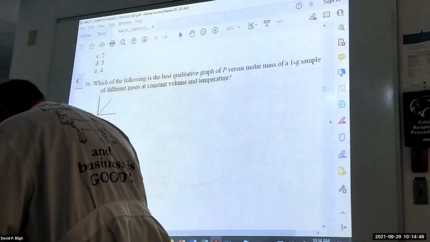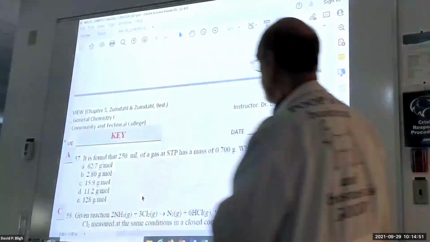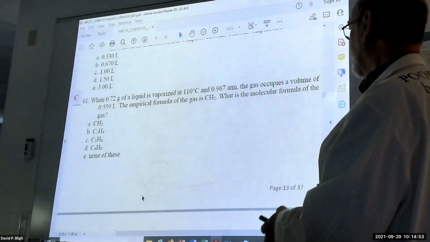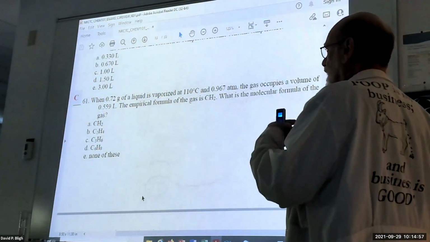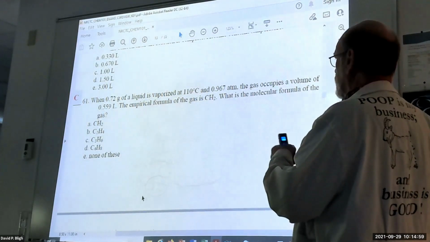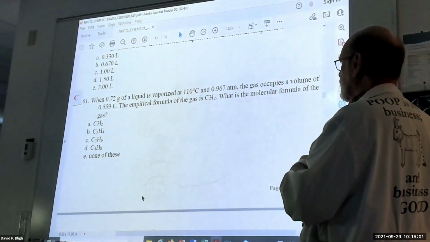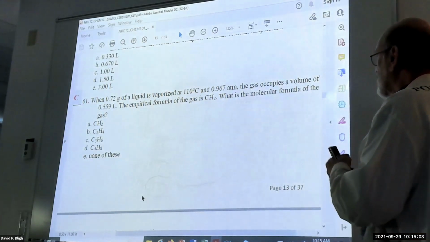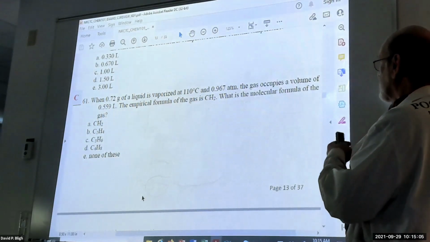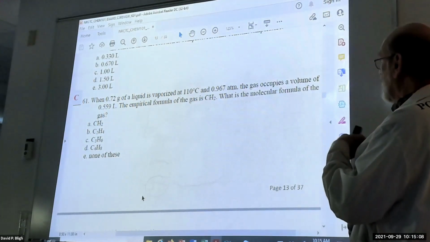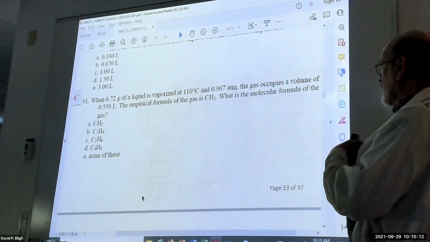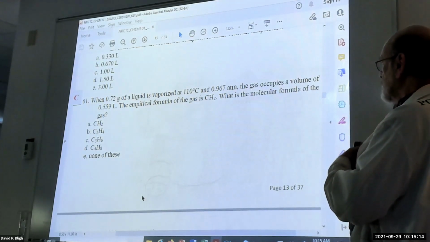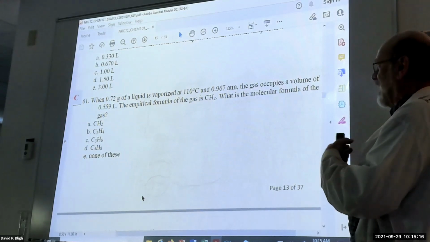56, 61. See if I can page down to 61. Yep. Okay, let's just read the question. When 0.72 grams of a liquid is vaporized at 110 degrees at 0.967 atmospheres, the gas occupies a volume of 0.559 liters. The empirical formula of the gas is CH2. What's the molecular formula?